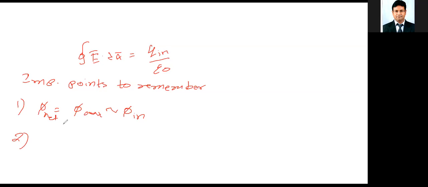Secondly, the electric field on the left of the equation, as you can see here, is the electric field due to charges inside and outside. It is the net or resultant electric field of the charges inside and the charges outside.